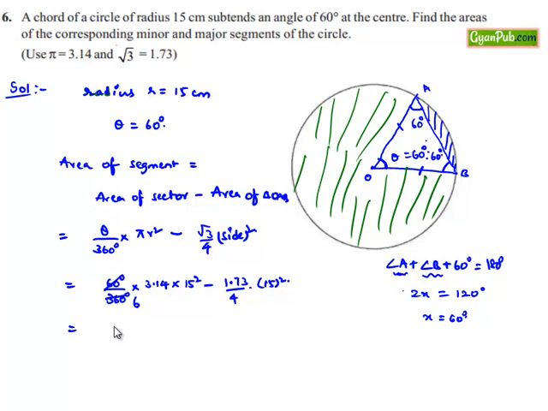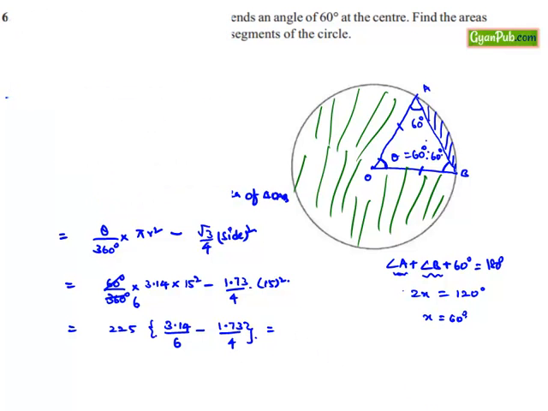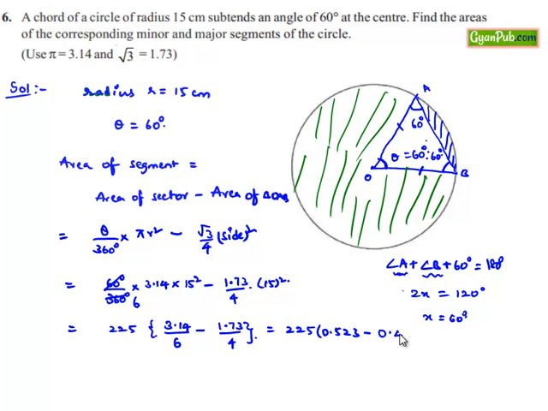If we take 15 square common, that is 225, we get 3.14 by 6 minus 1.73 by 4. That is equal to 3.14 divided by 6, which is 0.523, minus 1.73 divided by 4, which is 0.4325.